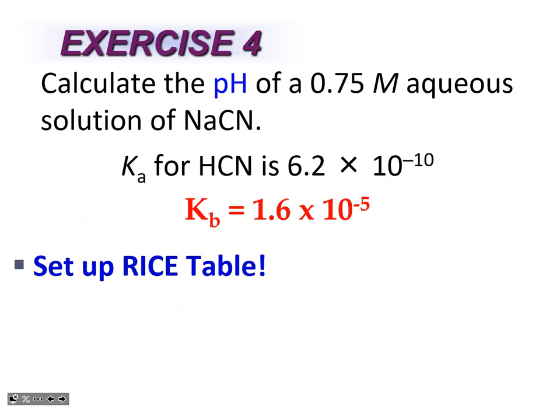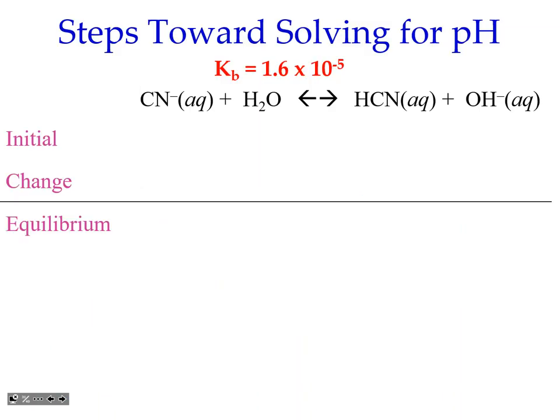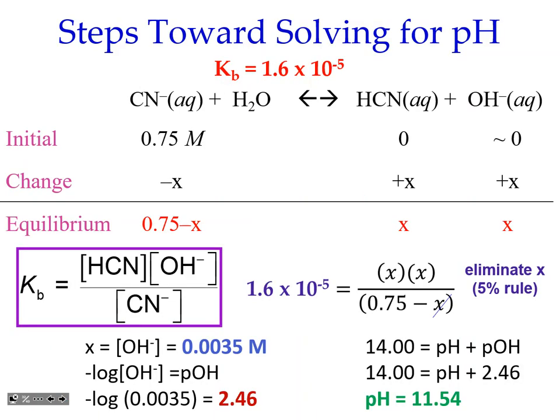Then we set up our RICE table, or modified RICE table. But you could set up the whole thing if you want to. Write out the expression, plug in the numbers, calculate for x, eliminate x using the 5% rule. Negative log of the hydroxide gives you the pOH, and then 14 minus pOH gives you pH.